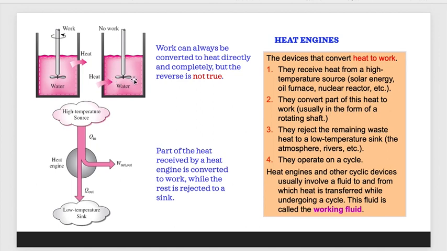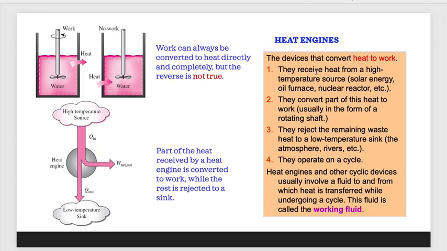So we can conclude that work can be converted to heat directly and completely, but converting heat to work requires the use of a special device that we call a heat engine. A heat engine is a device that can convert heat to work.